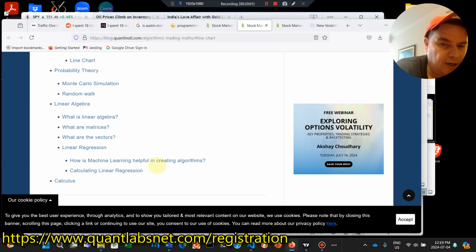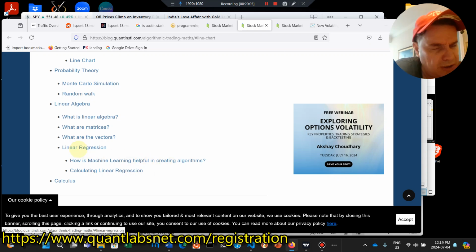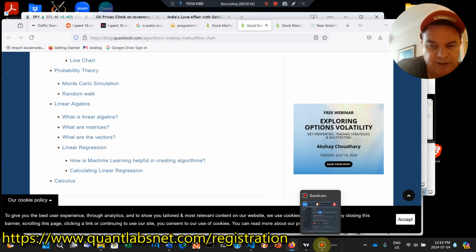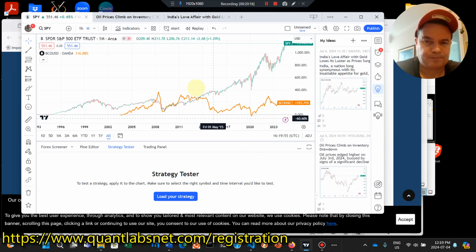Linear regression is another important aspect. There's the days before machine learning, and there's the days with current machine learning and moving forward with machine learning. So linear algebra, let me just see if I can see an example here.